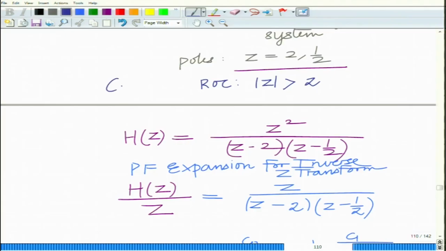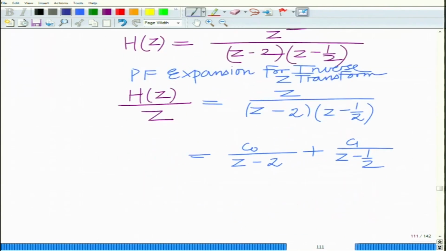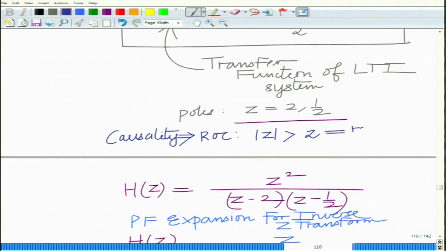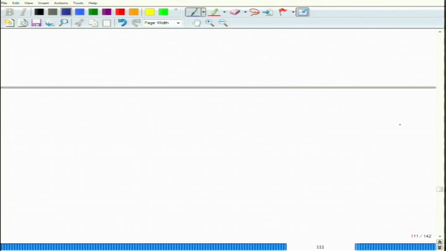For a right handed signal, the ROC will be of the form magnitude z greater than R max, where R max is the maximum magnitude of the poles of the transfer function. So, causality implies that the ROC is magnitude z greater than 2, which is equal to R max.